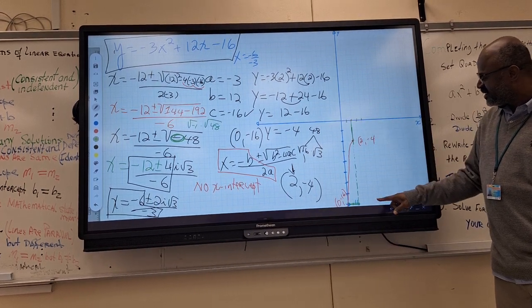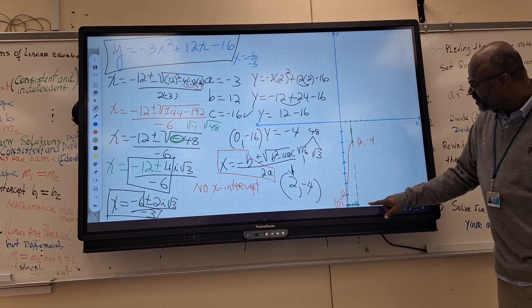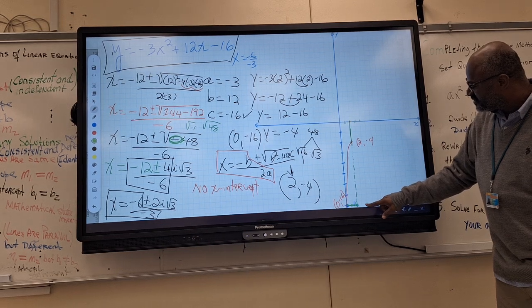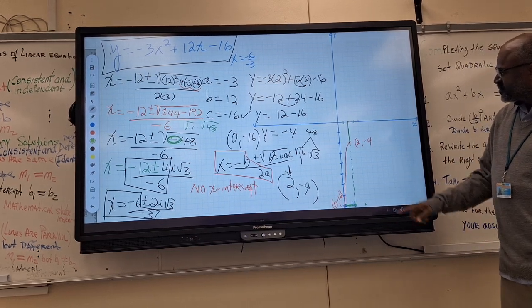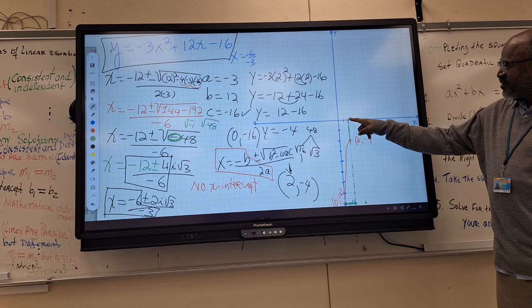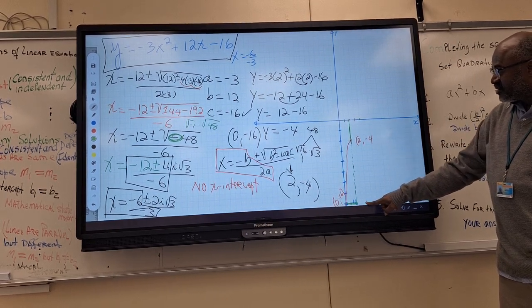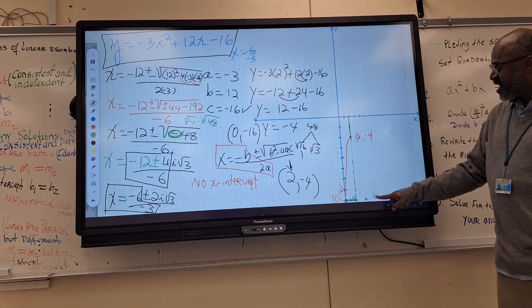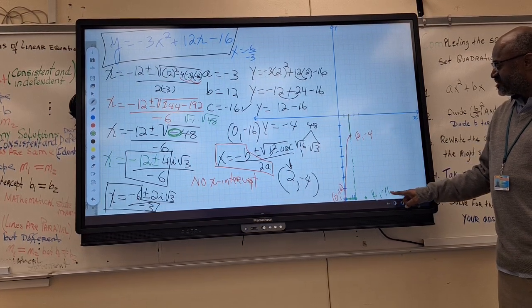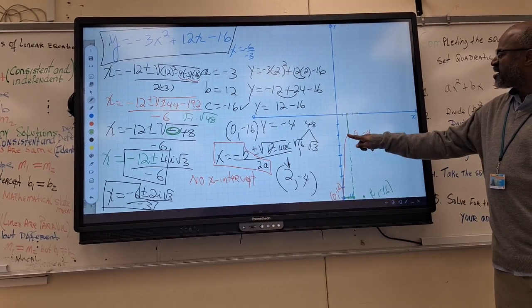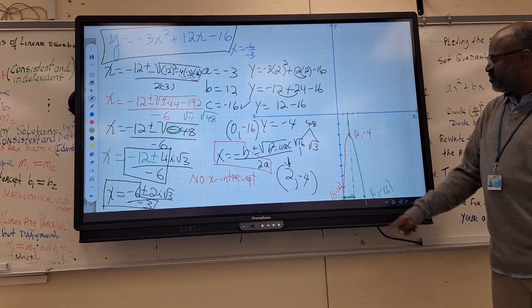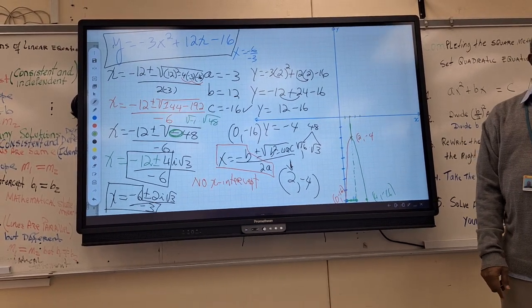What point is that here? 1, 2, 3, 4, and what? That's my method of reflection. That will be (4, -16). Then that's how I reflect it to get the other part of the graph. And this is my graph.